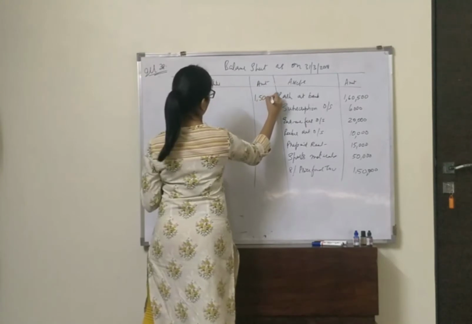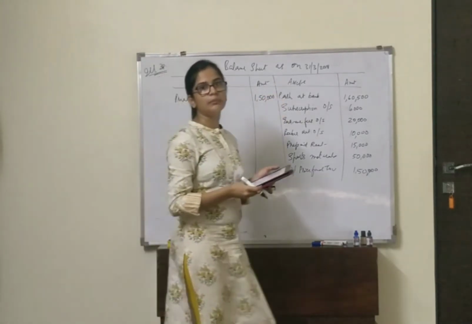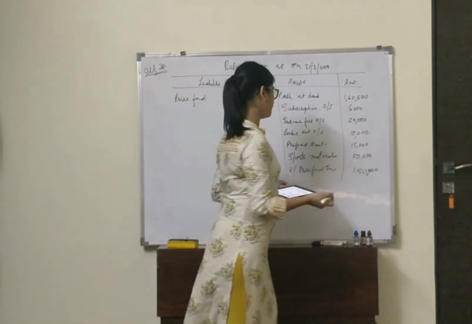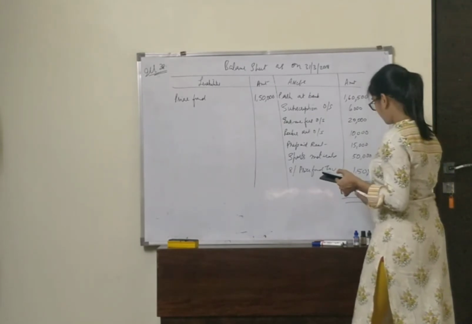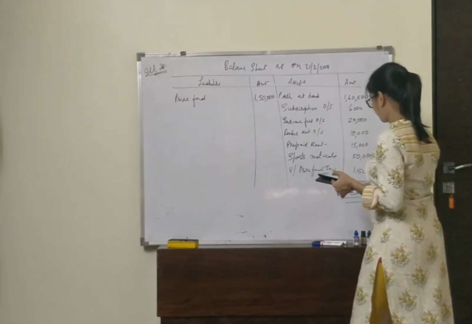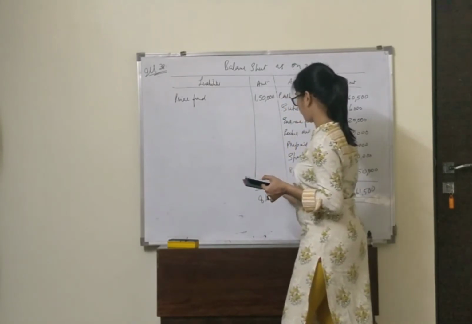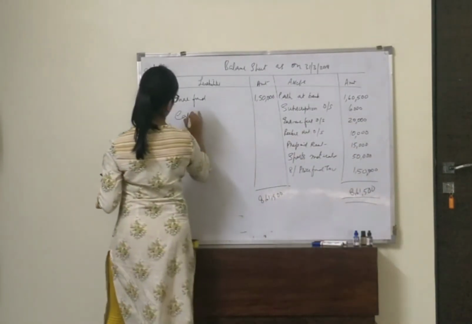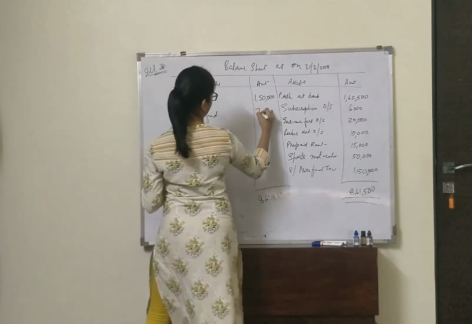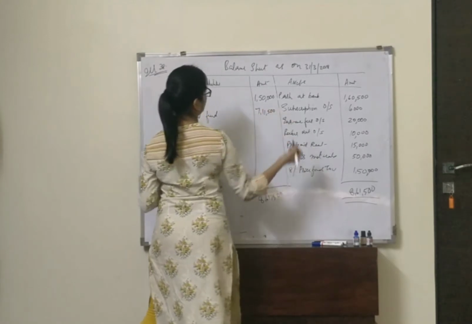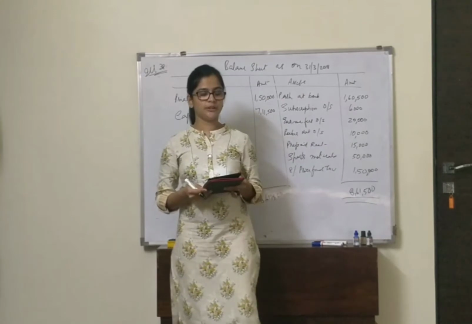Adjustment point number 4. 1,50,000. Anything else in a liability? No. So we total the asset side of balance sheet. What is our total? 8,61,500. So our balancing figure would be capital fund, that is 7,11,500.